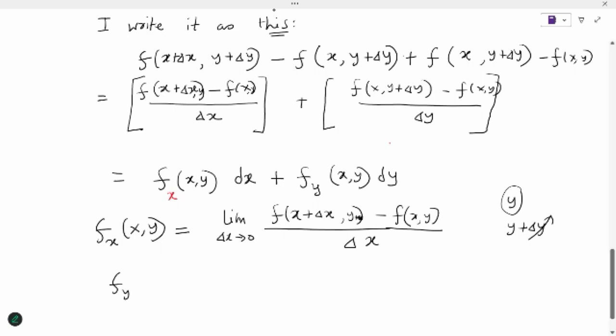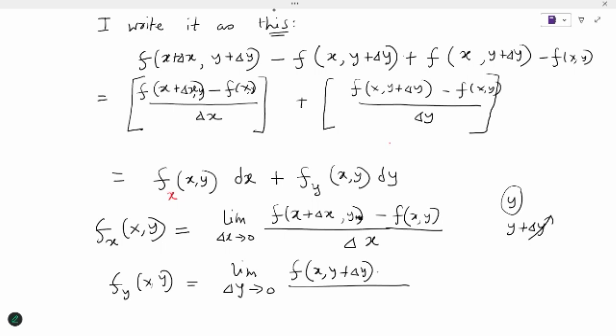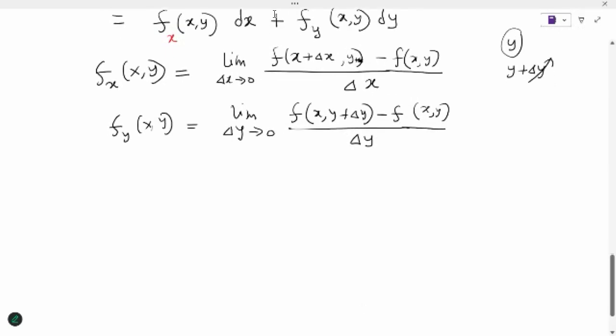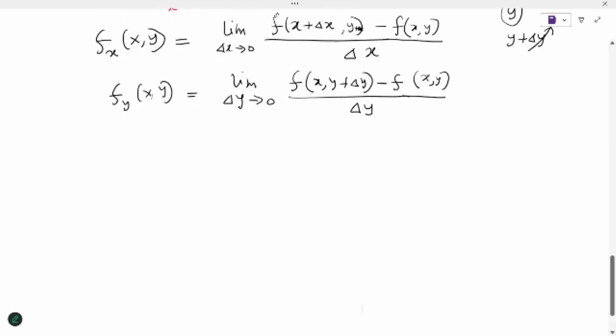Now what is fy of x comma y? That is limit delta y tends to 0 of f of x comma y plus delta y minus f of x comma y divided by delta y. So this is it. Fx is the first order partial derivative of f with respect to x, and fy is the first order partial derivative of f with respect to y.